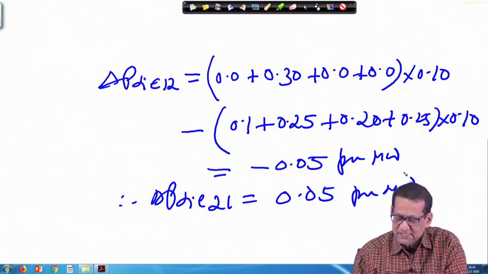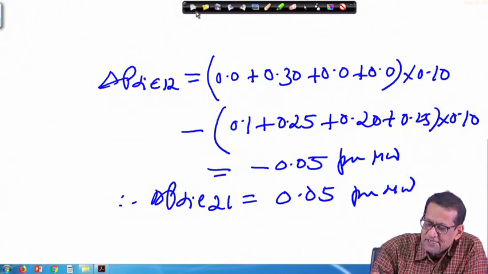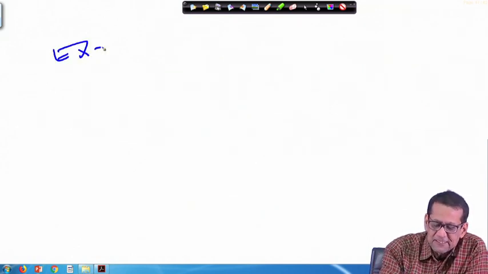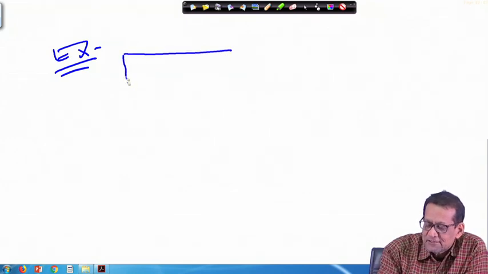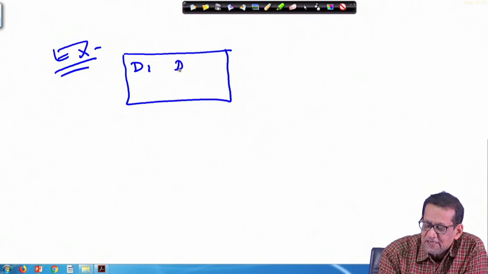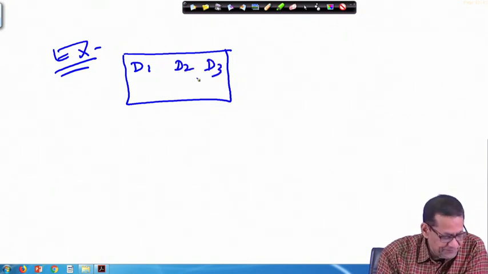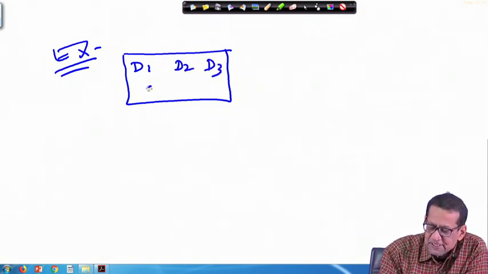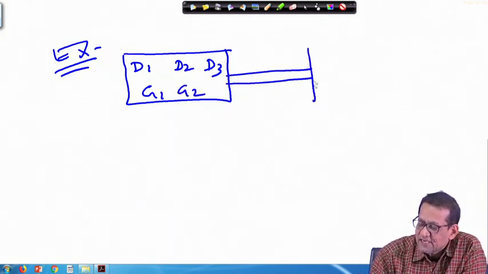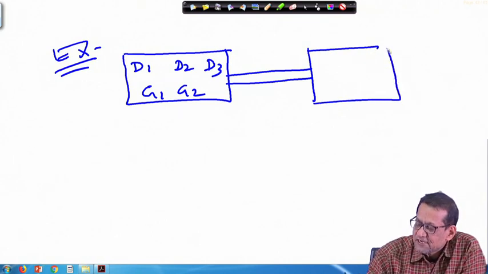After this, another small thing we will take, another example. Suppose you have two areas only. Suppose you have 3 distribution companies in area 1, D1, D2, D3, and you have 2 generation companies G1, G2, and this is your tie line, and this is your area 2.